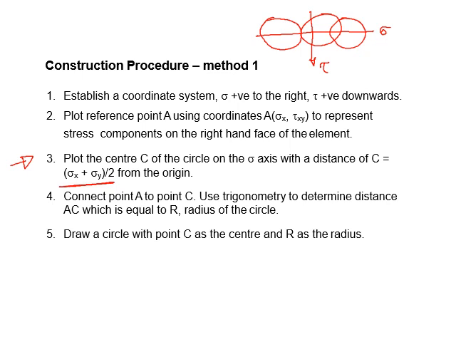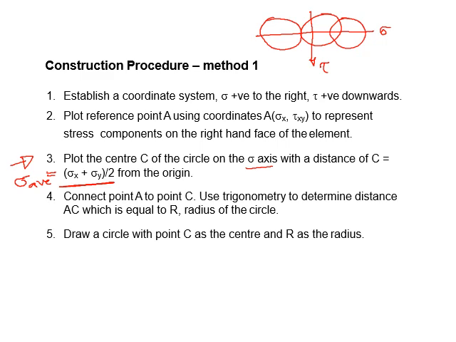So it's sigma x plus sigma y over 2, or that is sigma average. Okay, remember that equation is sigma average. So plot the sigma average point first on the normal stress axis, or sigma axis.